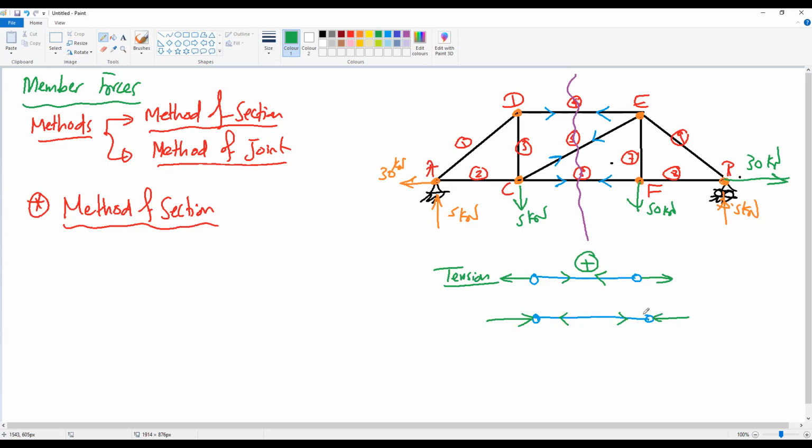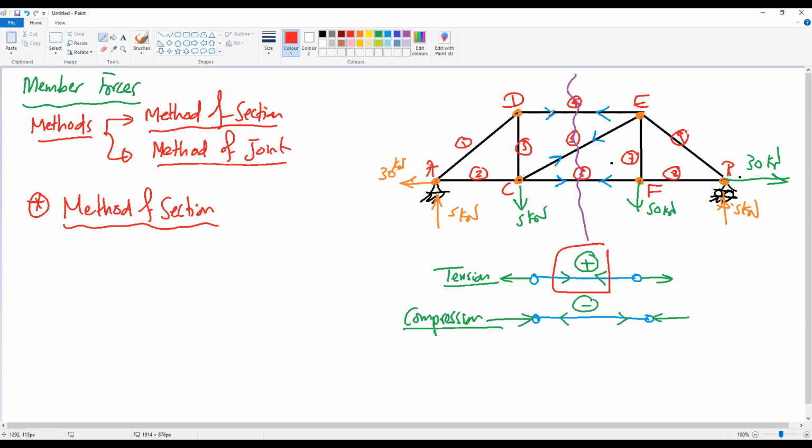So if the arrows go into the joint, this means that this member is under compression. So we have tension forces and compression forces, and compression can also be represented by negative. So what is the best way to assume the force inside the member, positive or negative? Should be positive, because this will make it easier for us. So we assume it tension, and the tension is positive. That's why my assumption was in this direction.